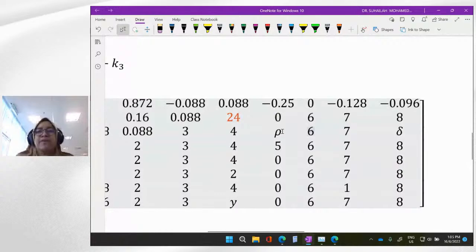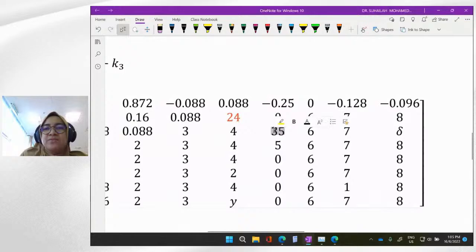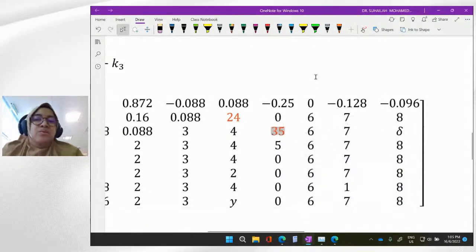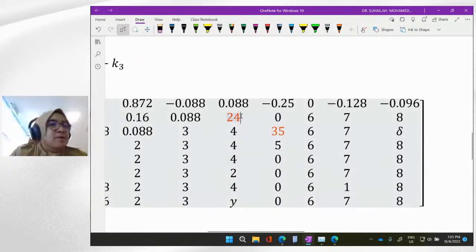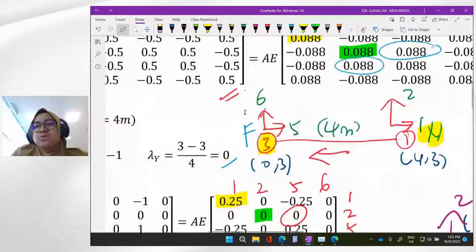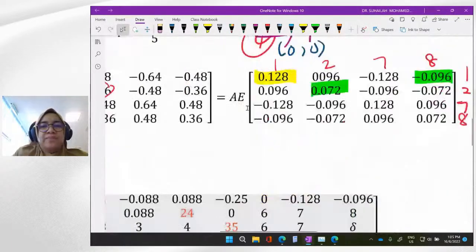Okay, what about the value for 3, 5? Let's see. This is 3, 5. What is the value for 3, 5? The value of 2, 4 is negative 0.088.